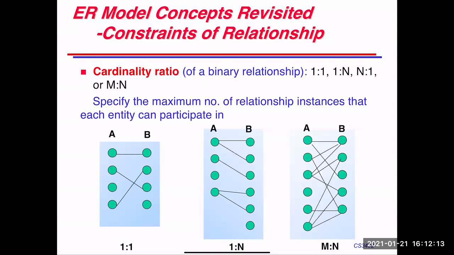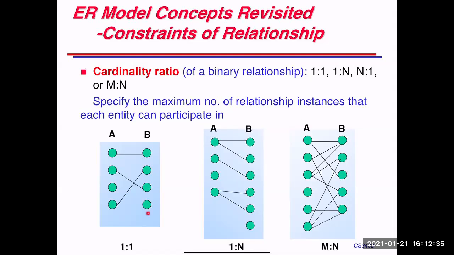All right, and we can have some constraints on the relationships in our ER model. One such constraint is the cardinality ratio. That specifies when you have a binary relationship, whether that is a one-to-one relationship, a one-to-n relationship, or an n-to-n, meaning a many-to-many relationship.